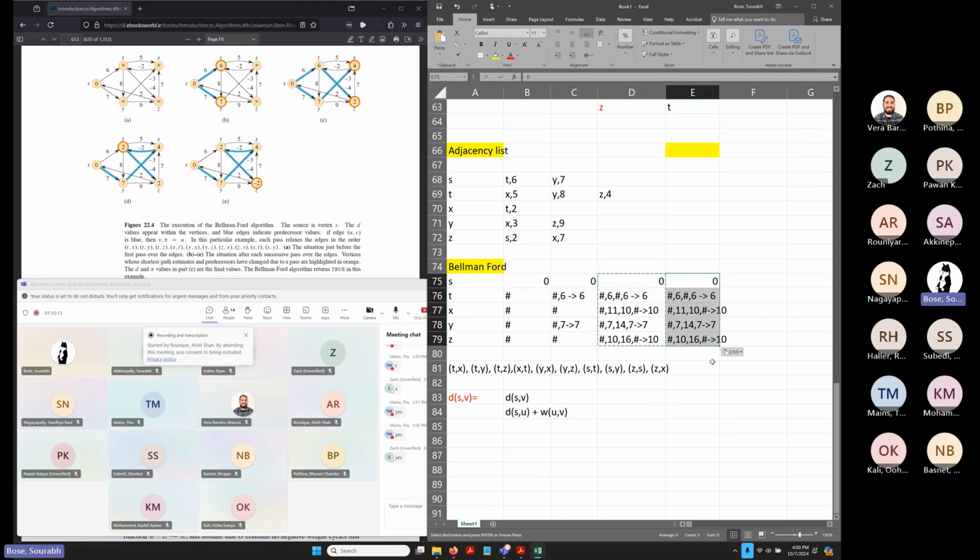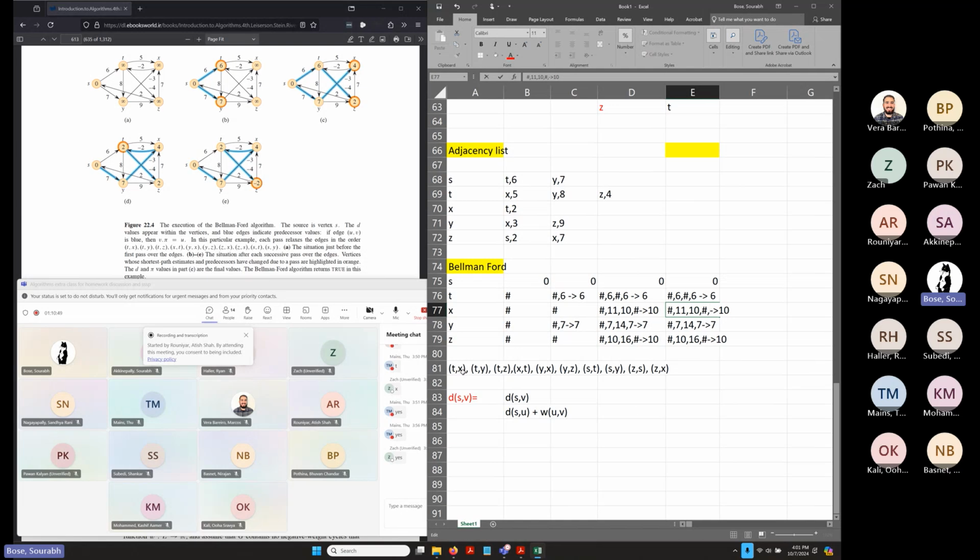Okay. Now let's see. Going at it again, we start with TX. For TX, I will be updating X. Can you guys tell me what I am going to offer to this particular first edge?